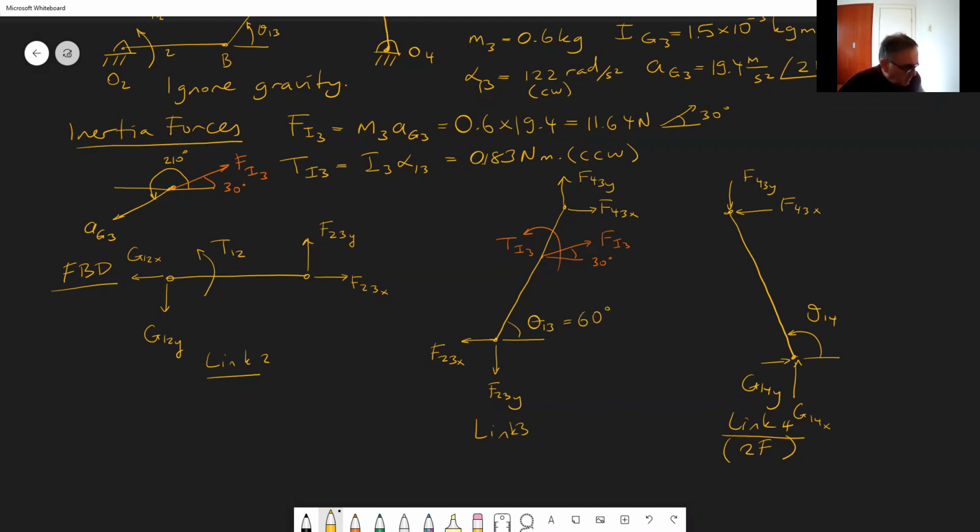This is given. Theta 1,4 actually can be found to be, if I'm not wrong, 80 degrees.